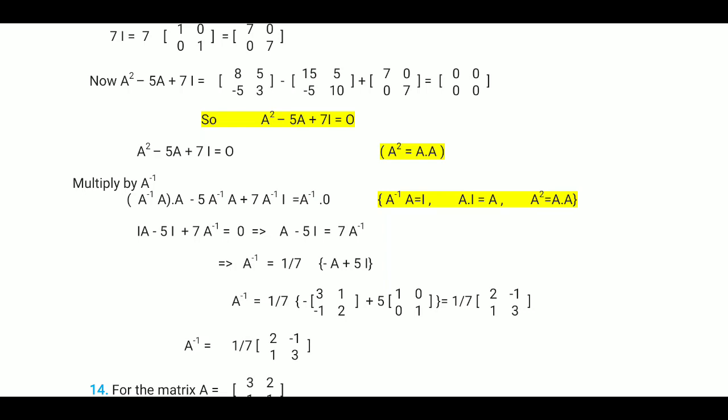So A inverse will be equal to 1 by 7 minus A plus 5I.